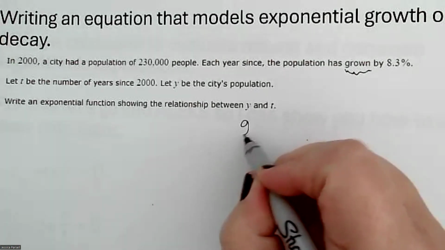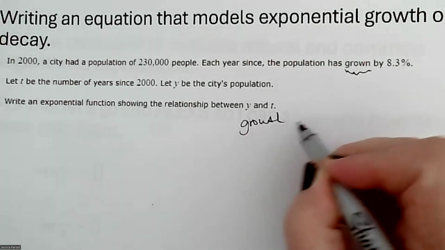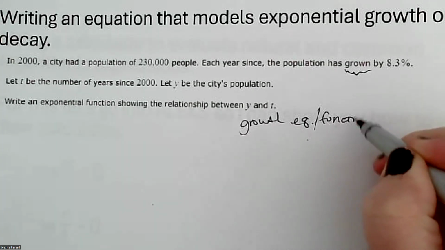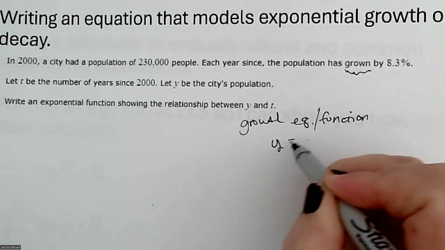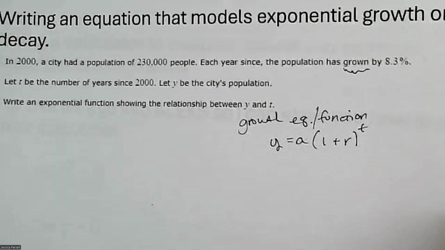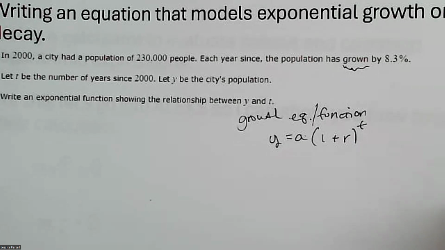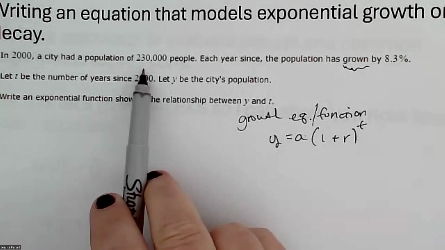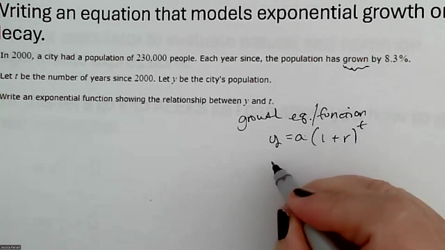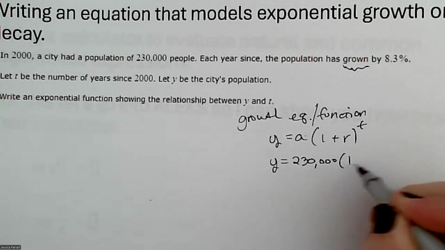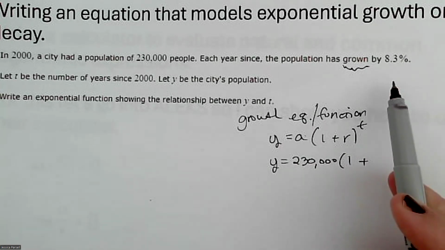Okay, let's go back to that basic growth equation or function, sometimes people will call it. Y equals A times 1 plus R to the T. Okay, so let's just plug in what we know. The initial start was 230,000 people, so that becomes your A. Times 1 plus, the rate was 8.3.